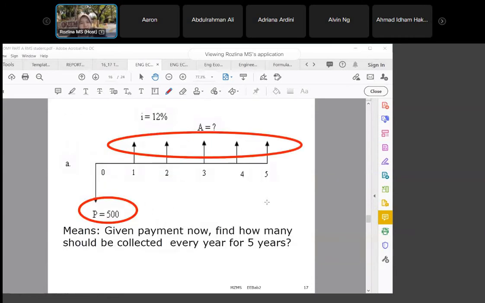Okay, we look at this example. What is the meaning of this arrow? Given P is 500, or given payment now, you pay now and then find out how many should be collected every year for 5 years.